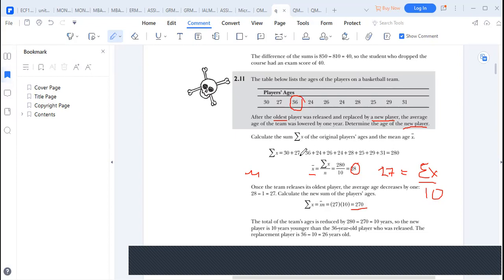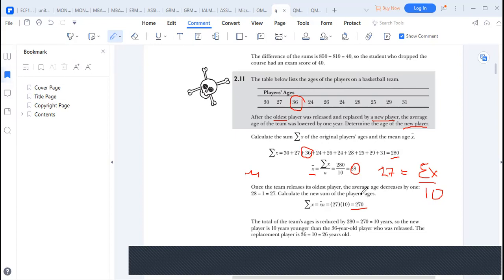So firstly, we added up all of them, including the old player. It gave us a total of 280. Then we recalculated this by removing a 1 from the mean to give us 27, and sum of x over n gives 270.